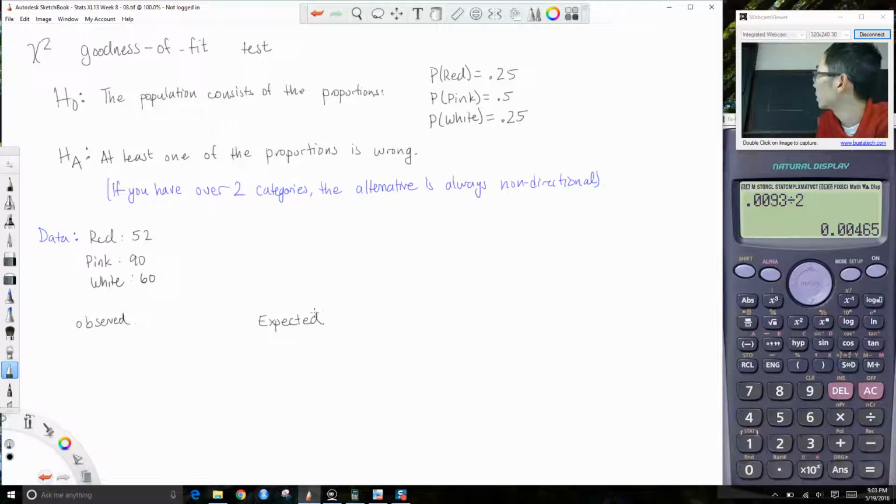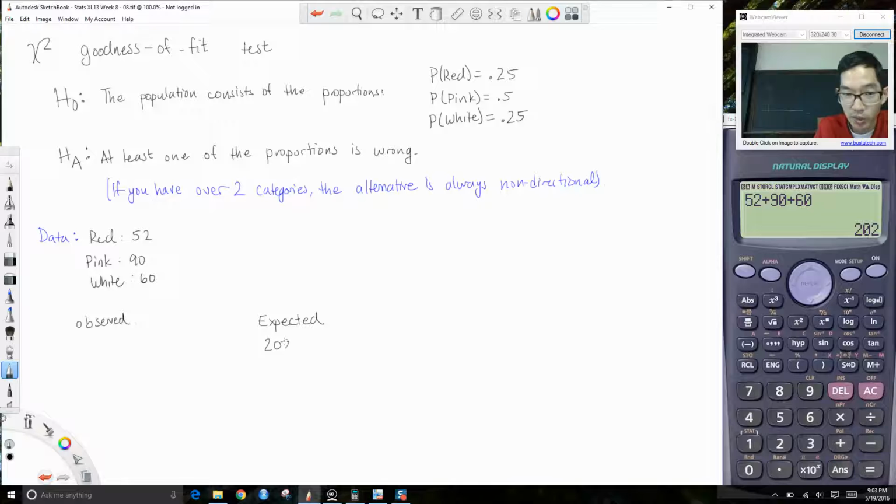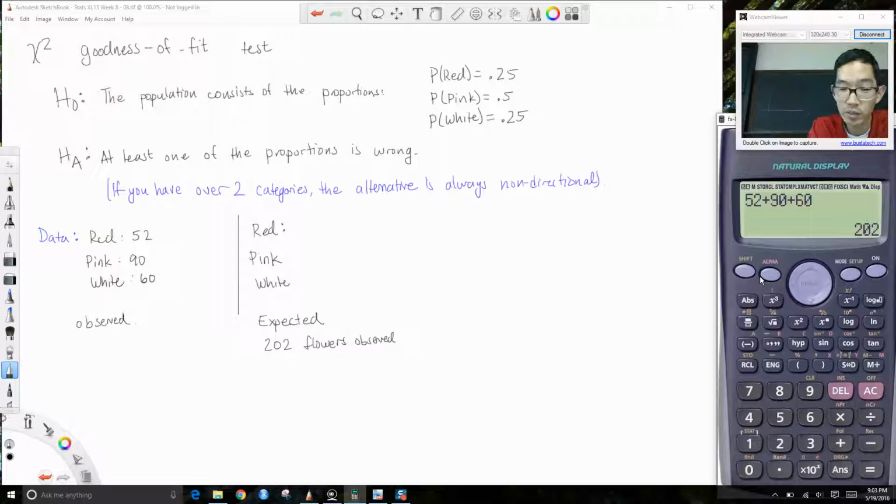Okay, and so what we do is we say, how many plants or flowers do we observe in total? So we'd say 52 plus 90 plus 60. I observed a total of 202 flowers. Okay, so under the expectation, if these proportions were exactly correct, I would expect red to be 202 times 0.25.